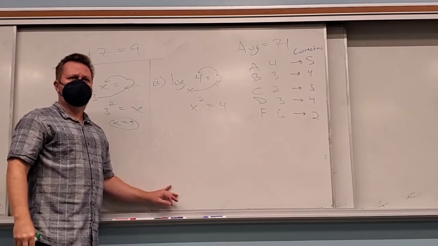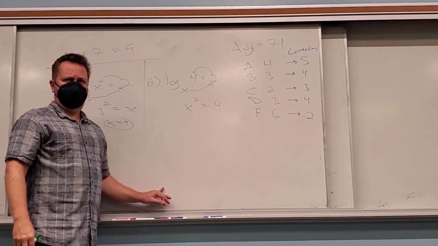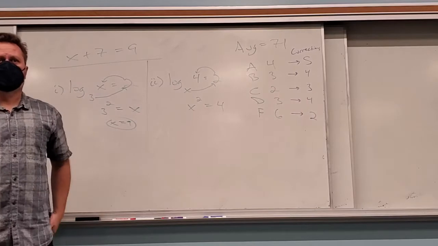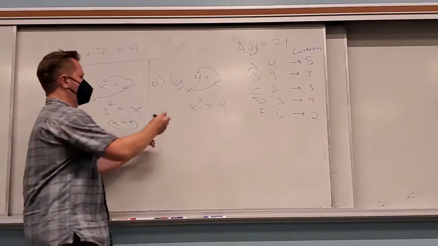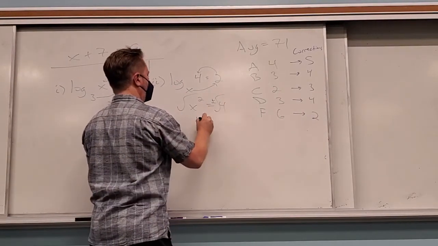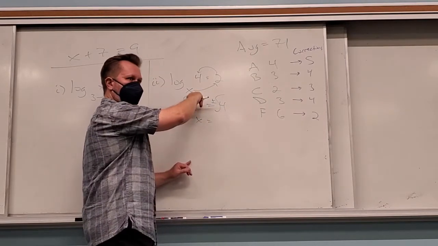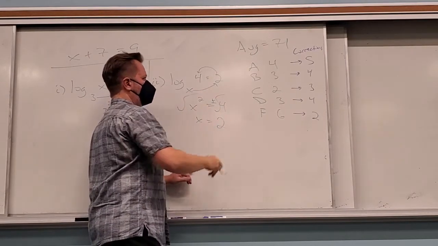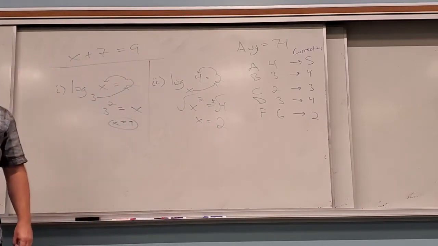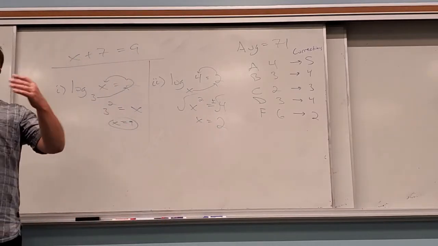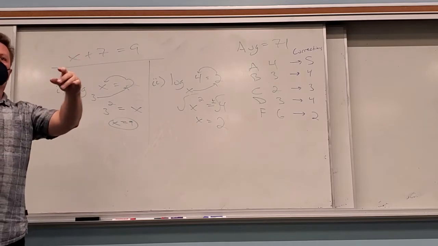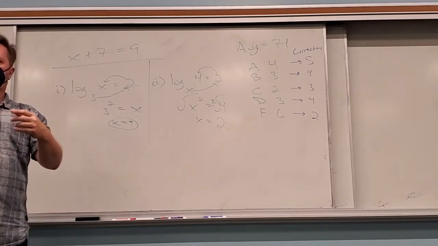And then you take a square root. I love it. Now normally we would put a plus or minus, and the reason we don't take the negative is the base can't be negative. So x is 2. So if they give me an equation with a log function, I can rewrite it as an exponential.